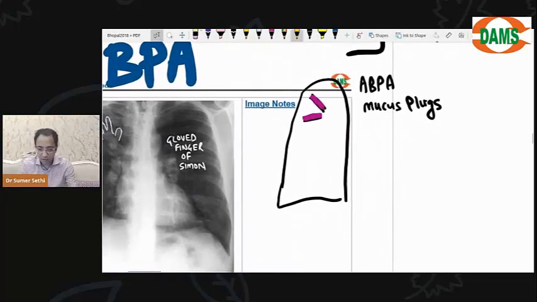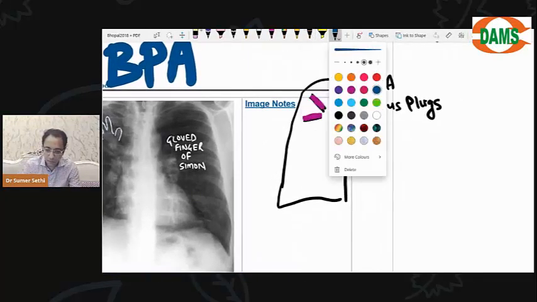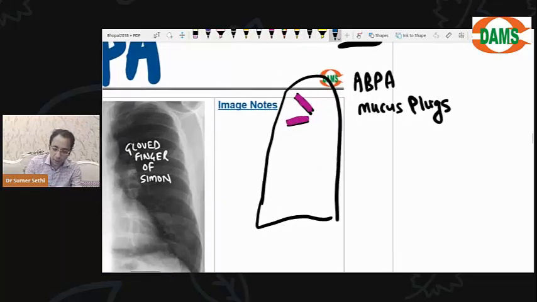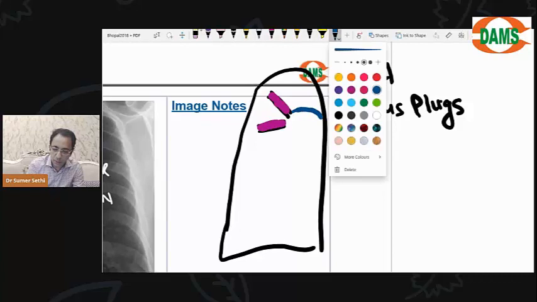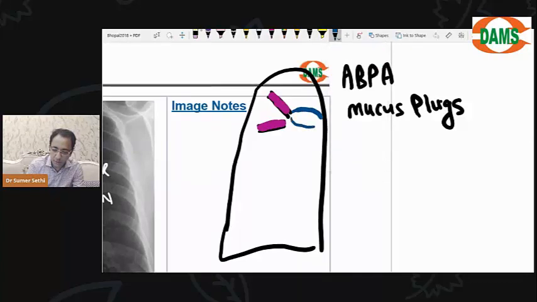Now, when you have long-standing ABPA, the bronchi are occluded by mucus plugs. Because of obstruction, proximal to the mucus plugs, the central bronchi start to dilate. Can you imagine? Suppose you have an obstruction, the area proximal to this obstruction will tend to get dilated. भाई जहां रास्ता बंद है उसके पीछे dilatation होनी शुरू हो जाएगी.